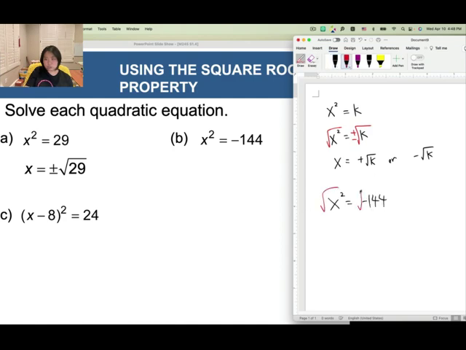Take the square root of both sides, making sure you add plus minus. This becomes your x. So the square root of negative 1 times 144 is plus minus i, and the square root of 144 is 12. So x equals plus minus 12i.